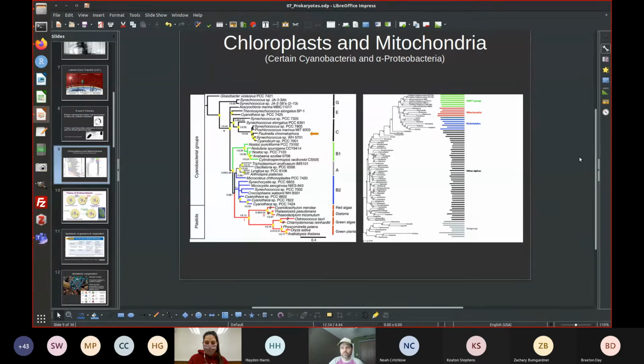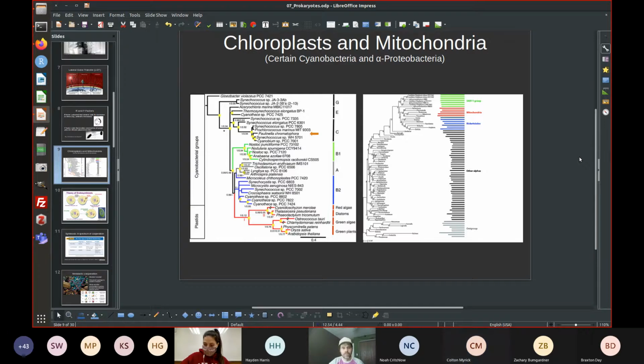It's just like us with the mitochondria, that the chloroplasts became an endosymbiont. Yeah. And what is an endosymbiont, according to this? A cyanobacteria. Or an alpha proteobacteria? Yeah.